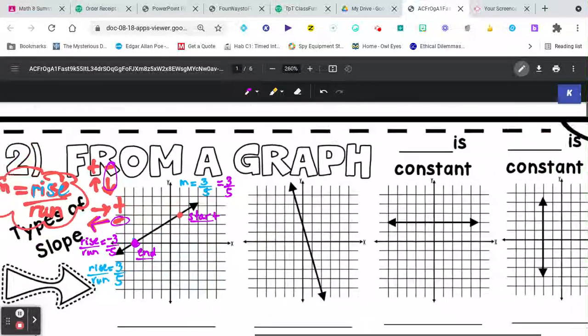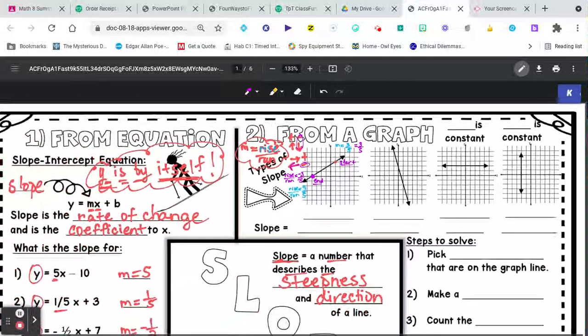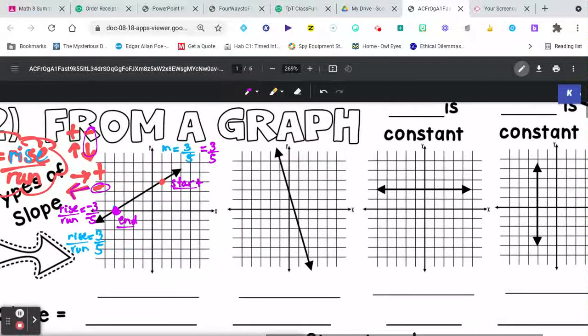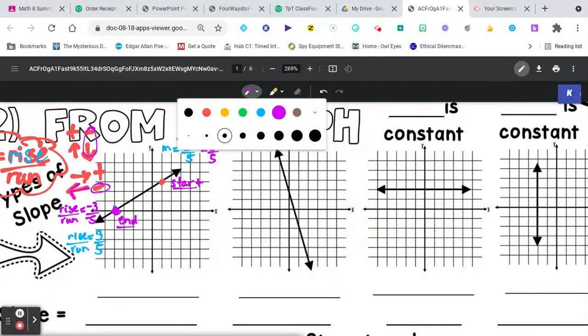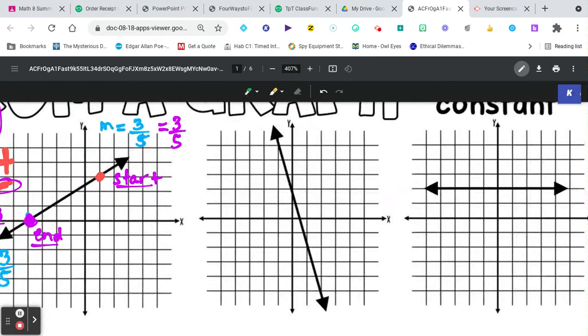All right, let's take a look at this second one. I'm going to pick 2 points I can read on this one. Let me make it bigger so you can see. I can read this. That's -1, and then 1, 2, 3, 4, 5. -1, 5.